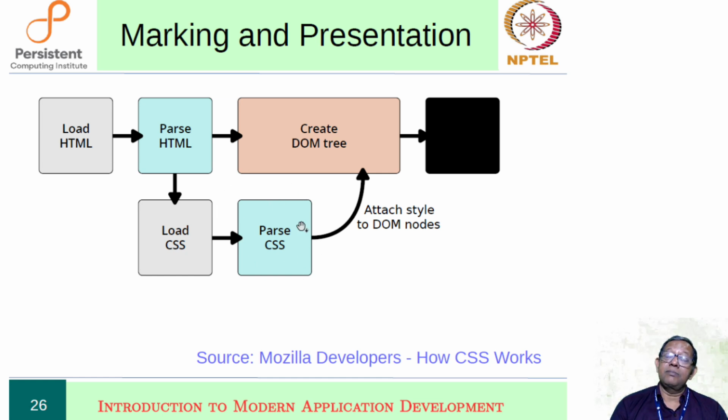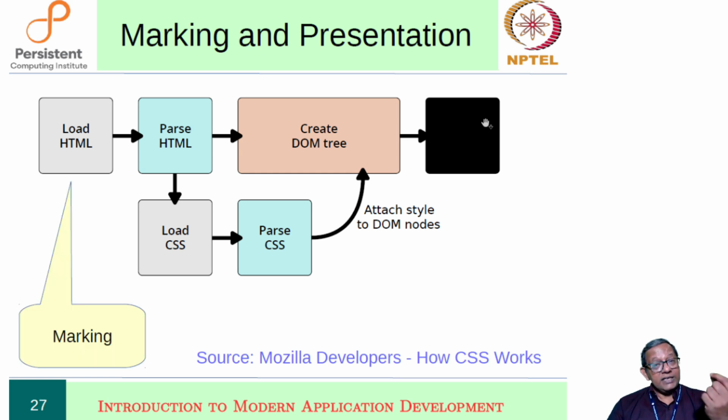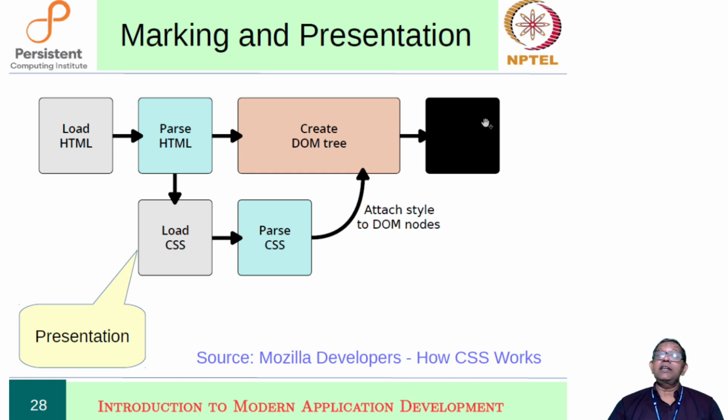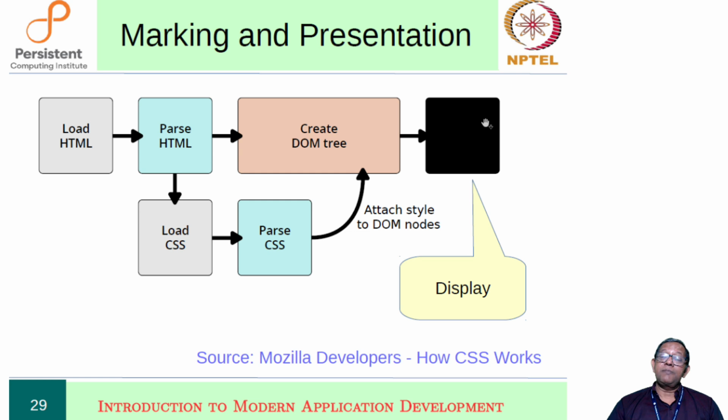The information in the CSS, the style sheets, will then be used to attach the various pieces of style to the objects in the DOM tree, and then they will be displayed. So the HTML will be used to mark, the CSS will be used to define the details of the presentation, and the display is where both of these will now come together, and you will see a much better web page than the simple plain one that we had created.